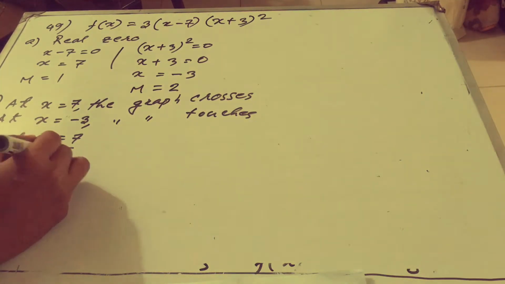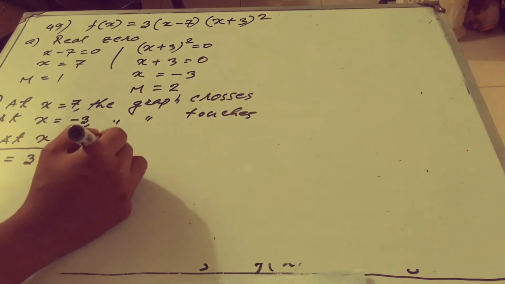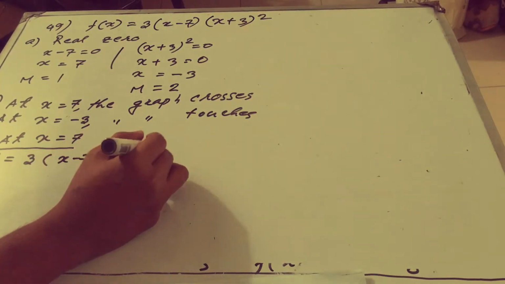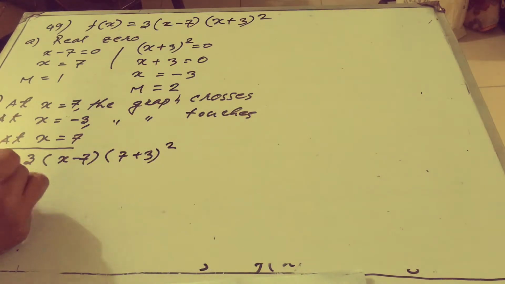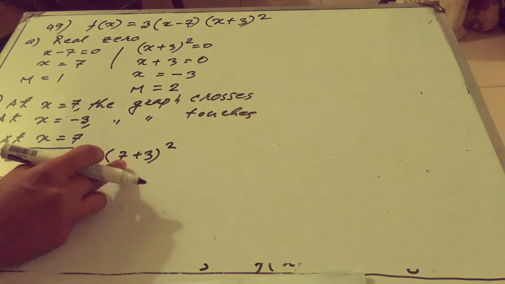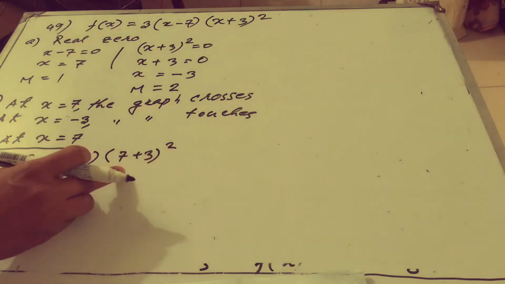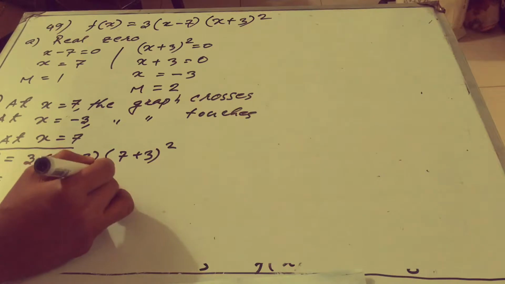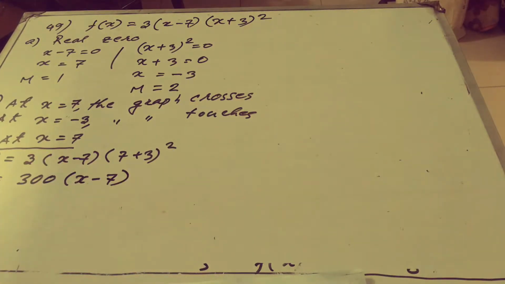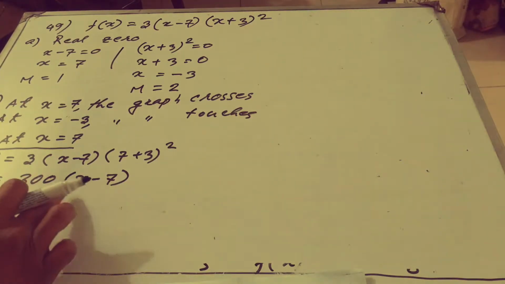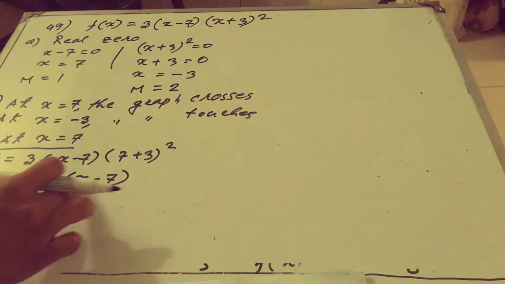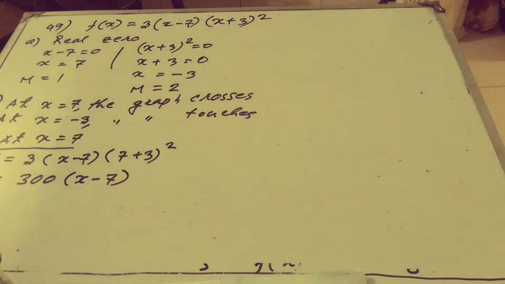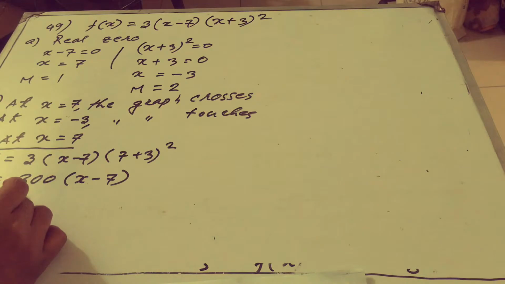So it becomes 3 times (x minus 7) times (7 plus 3) whole squared. Now 7 plus 3 is 10, squared is 100, times 3 is 300. So this becomes 300 times (x minus 7). This is basically a straight line having a positive slope.